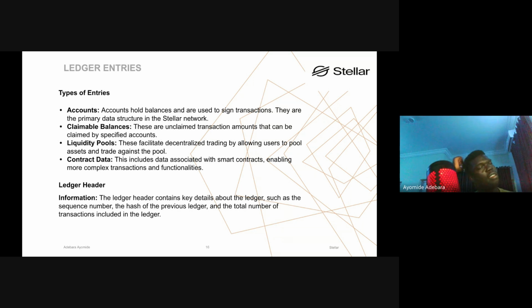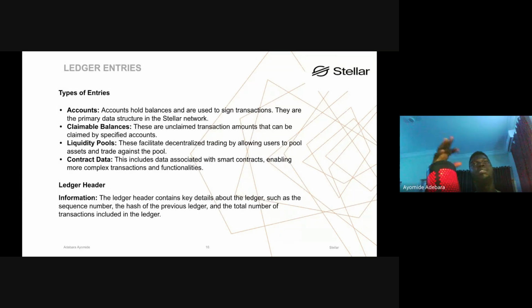I'll give an example of a situation that you could think of when it comes to claimable amounts. Let's use the example of a multi-sig. In a case whereby you have a multi-signature account, what do I mean by multi-sig for those that have zero knowledge on what a multi-sig is?